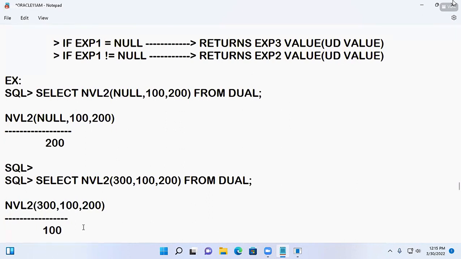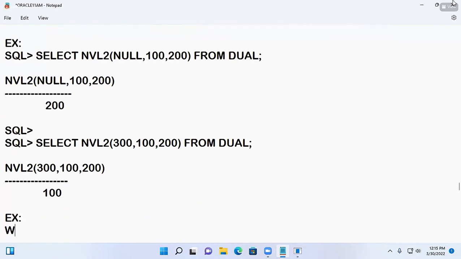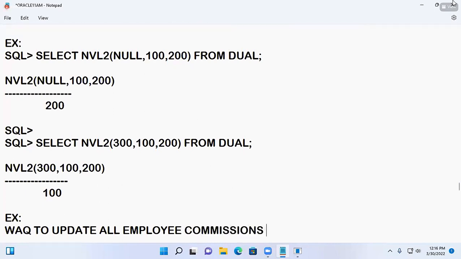Below, write one query example also. Write a query to update all employee commissions as per the given conditions.